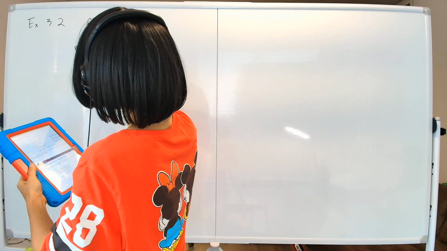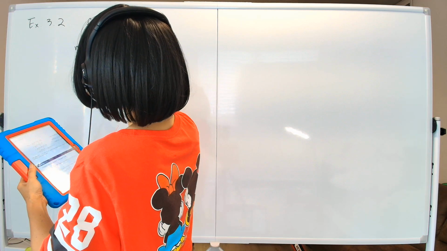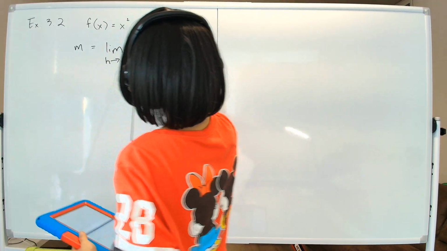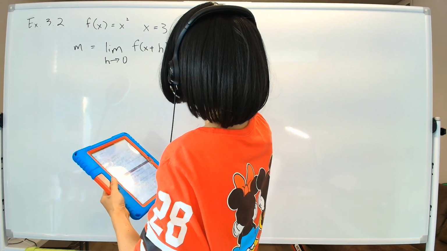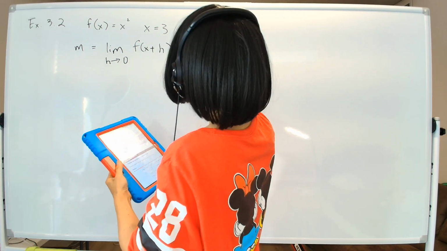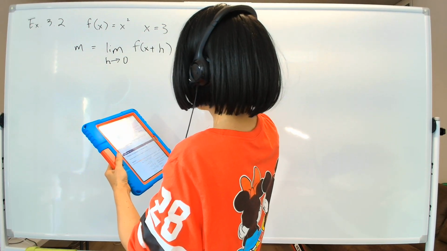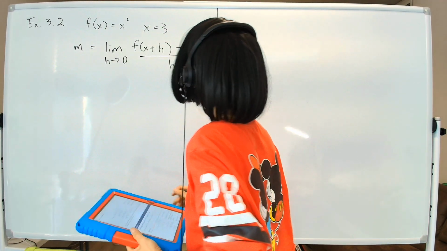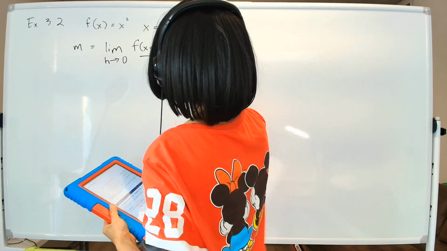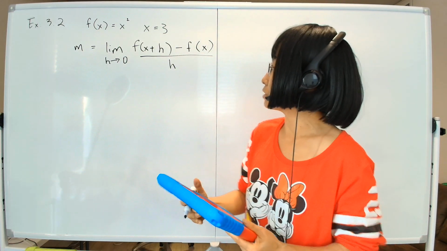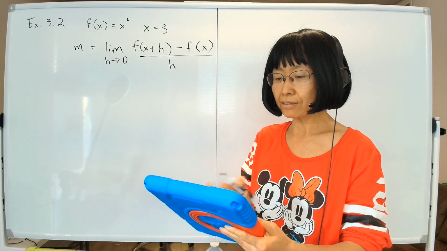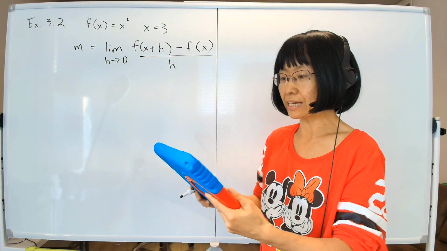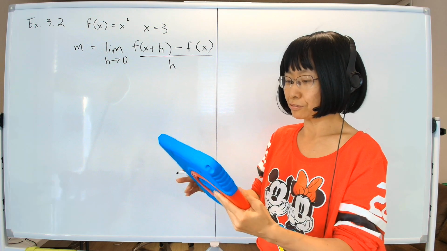Tangent equals the limit as h approaches 0 of f of x plus h minus f of x, I believe, over h. Here's the formula we need to follow, which is identical to the one before, but which has an h in it.